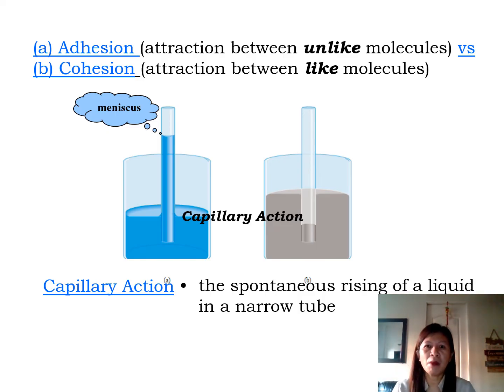The rise of the liquid is also lower because the mercury particles are more attracted to the other mercury particles than to the glass. Unlike water, the attraction of water to the glass is stronger than the attraction of the water molecules with one another.